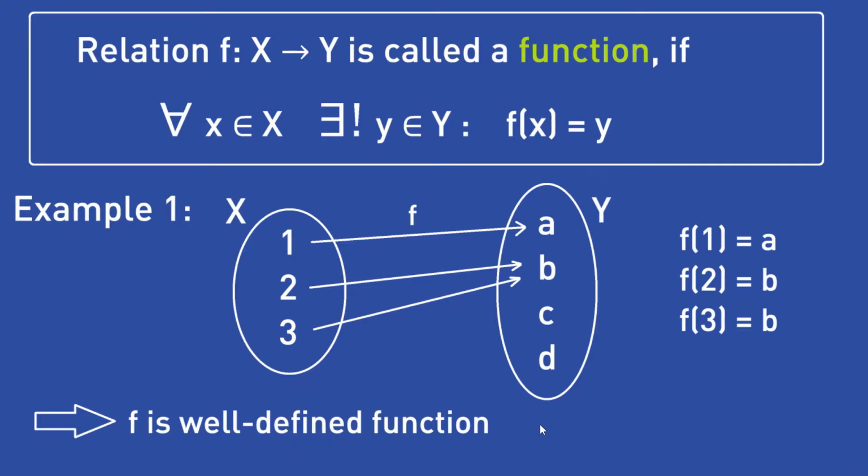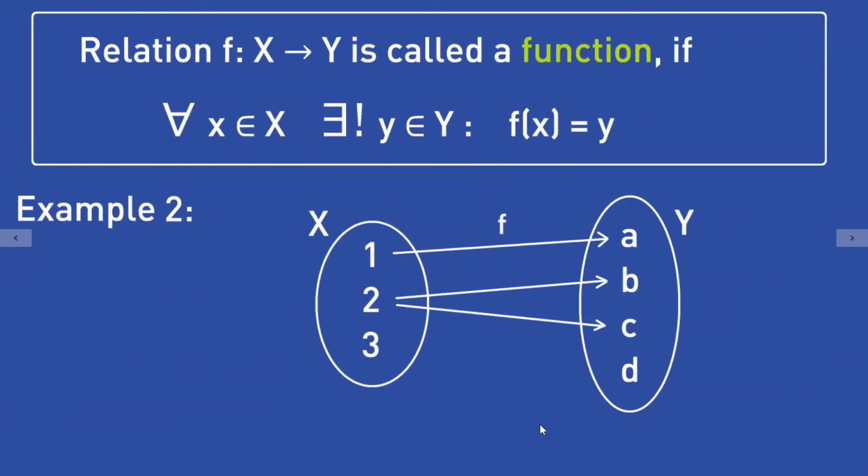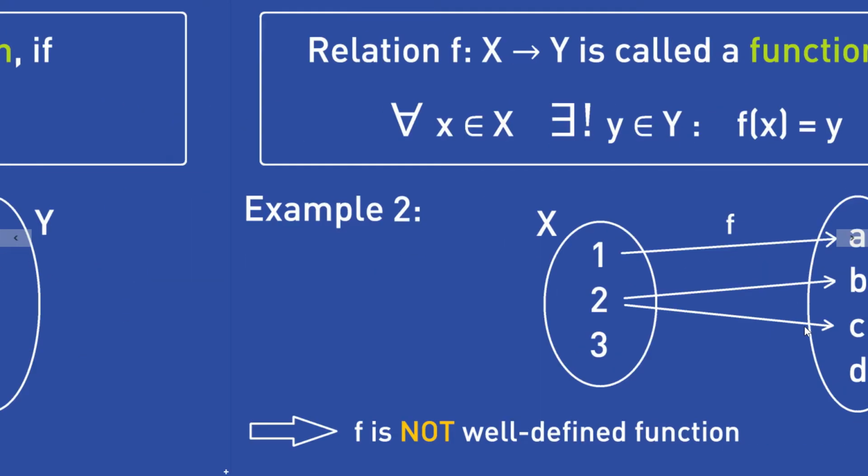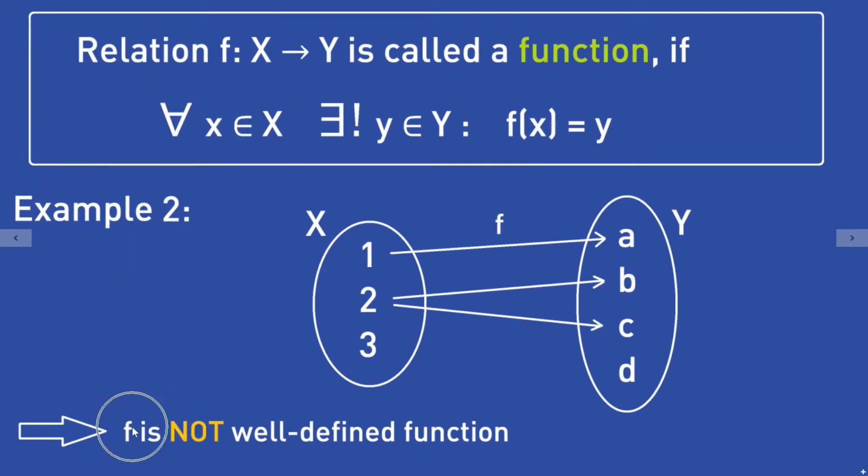Let's take a look at another example. In the second example, the sets X and Y are the same as in the first example, but the relation f between X and Y has changed, which you can see here. This relation f is not a well-defined function. That has two reasons.